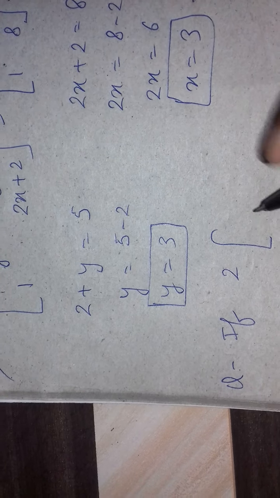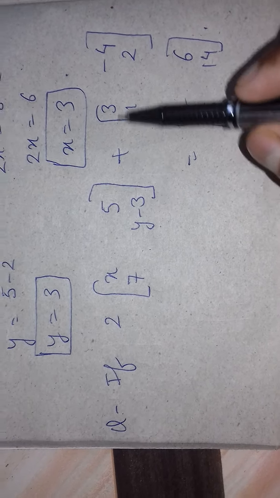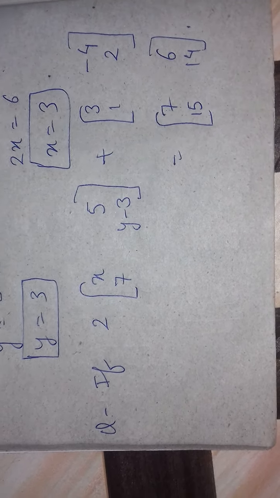If 2 into the matrix [x 5; 7 y minus 3] plus the matrix [3 minus 4; 1 2] is equal to [7 6; 15 14]. So here also we have scalar multiplication, that is we will multiply 2 with this matrix, then we will add this matrix and equate with this matrix.